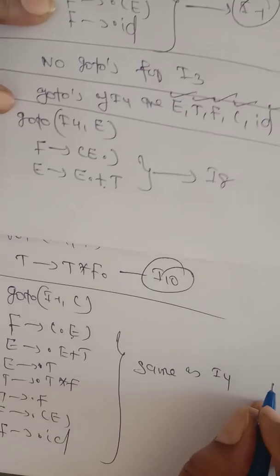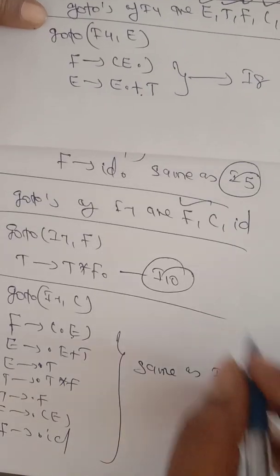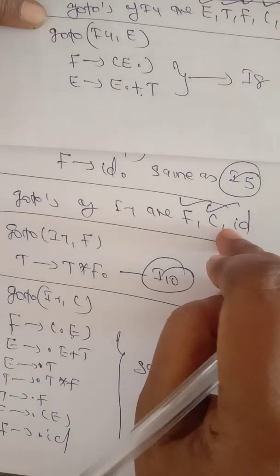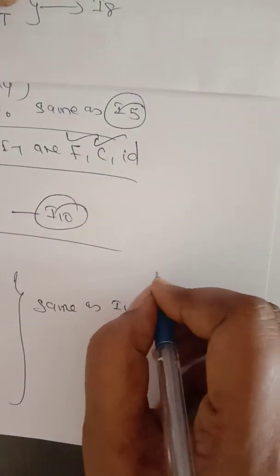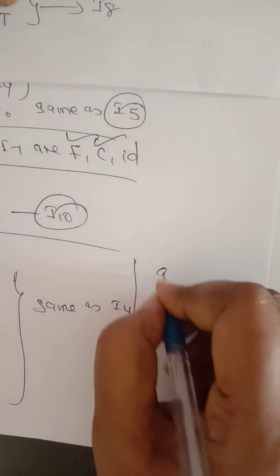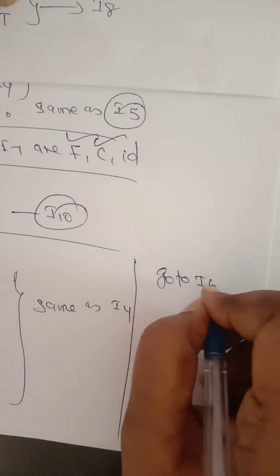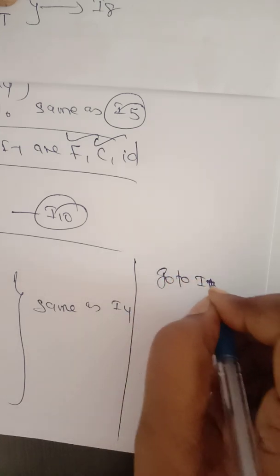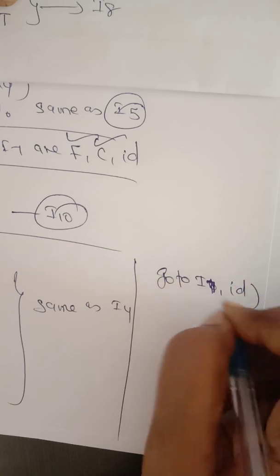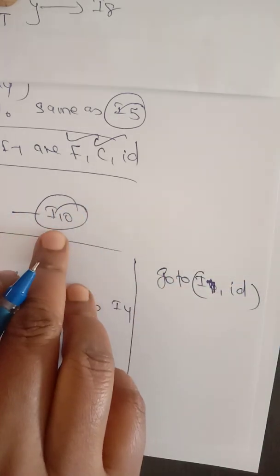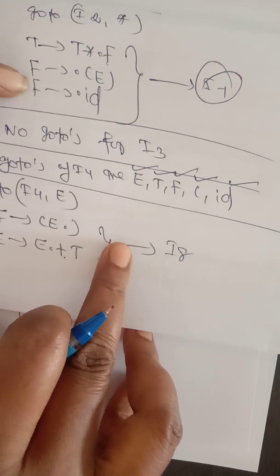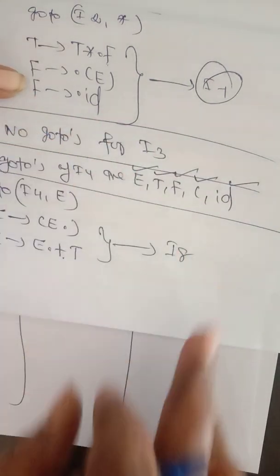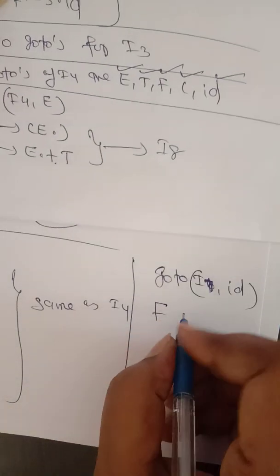So we apply open bracket. Next apply ID. So go to I7, not I6, I7 comma ID. What is I7? In I7, F → ID dot. Then consider that production and apply.